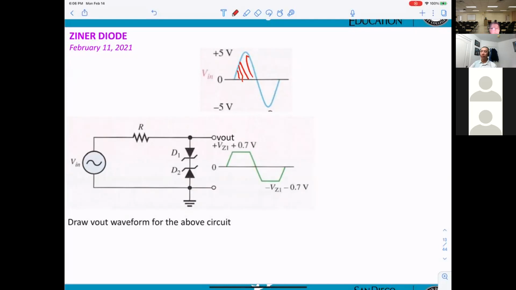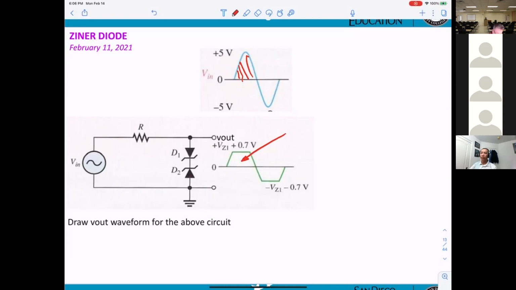Which one will break down when you get positive, D1 or D2? D2. That means for this part right here, D1 or D2 breakdown? D2. That means you can get 5 volt right here. That's the peak voltage.